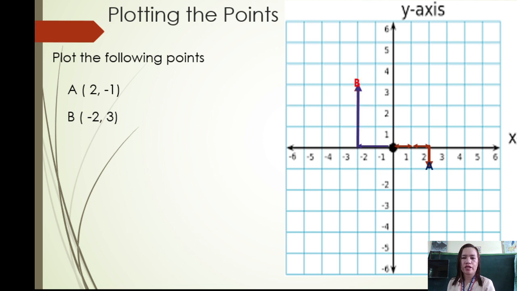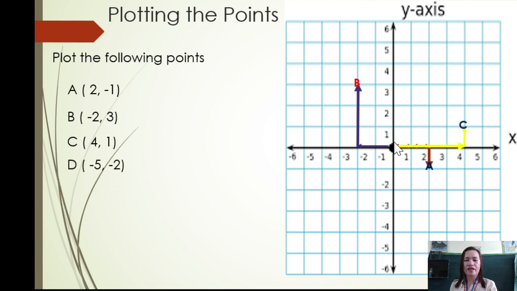That's point B. For point C, the value of x is positive 4, so from the origin we move to the right. The value of y is positive 1, so upward. That's point C.